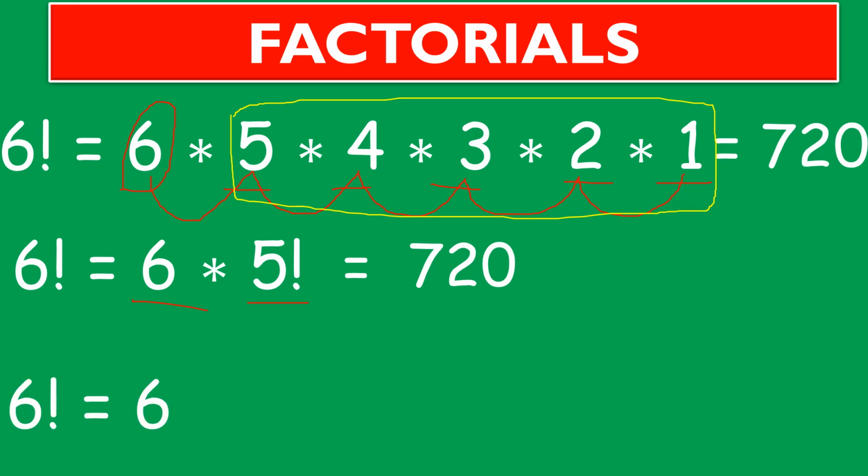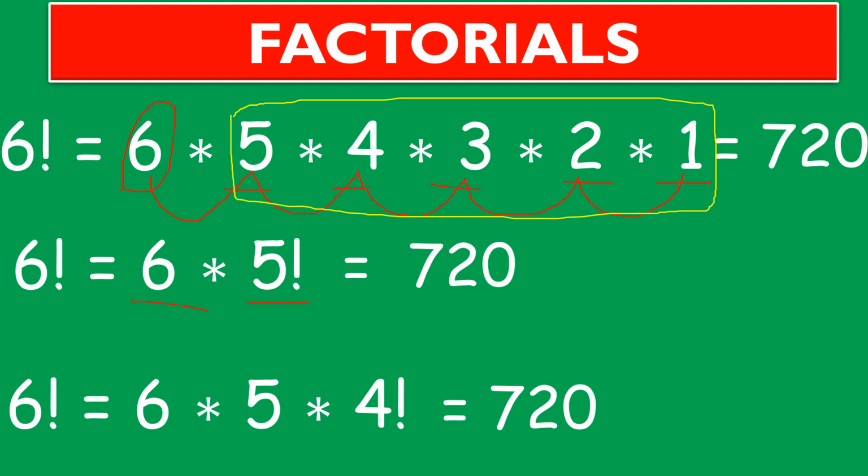What we are just trying to do in this particular part is just to show you that you can express your factorials in various ways, and that will still give you the same answer. Also, 6 factorial can also be represented as 6 times 5 times 4 factorial, depending on what we want to achieve. But that still gives us the same answer, which is 720. So we are just using this 6 factorial to show the various ways in which we can express it, but definitely we still have the same end results.